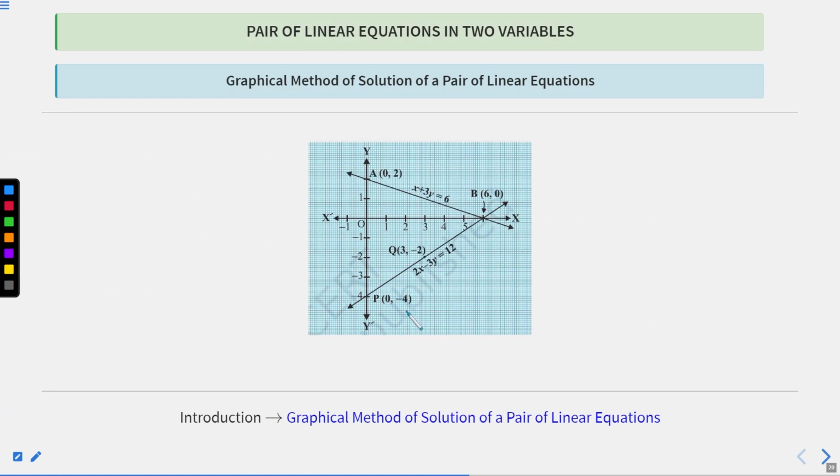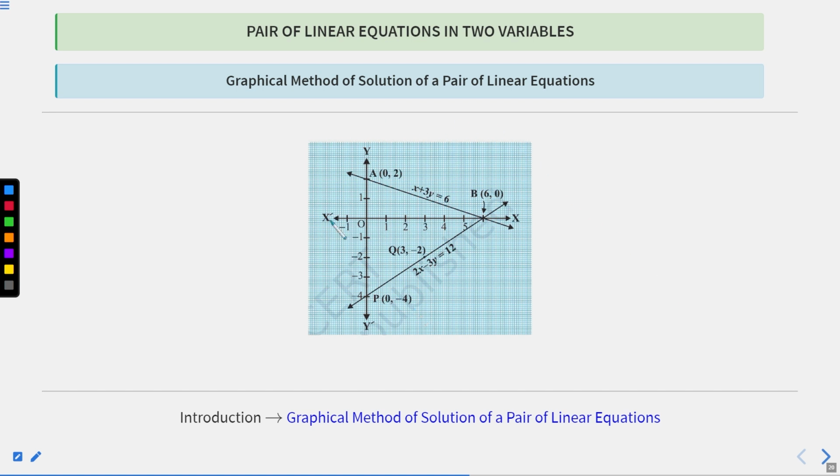Here we can draw the graph as we have discussed in our previous classes. You can easily draw the graphs of x plus 3y is equal to 6 and 2x minus 3y is equal to 12 by taking some values of x and y.